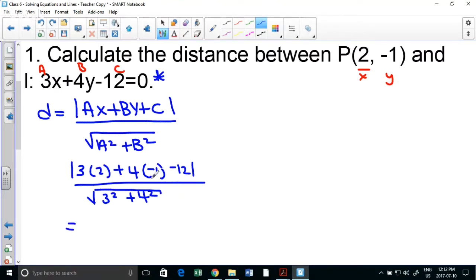I then do within the bracket, I don't do these until the end, they're like brackets. So I have 2 times 3 is 6, minus, because we have 4 times -1 is -4, and we have 12, over, this is, if I put this together, it's 25.